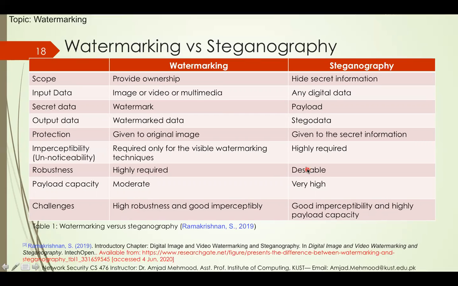In steganography this is desirable. Payload capacity is moderate in watermarking, because this cannot be too high. If it is high, it will get the attention of a malicious user that there is something wrong. In steganography, payload capacity is very high.